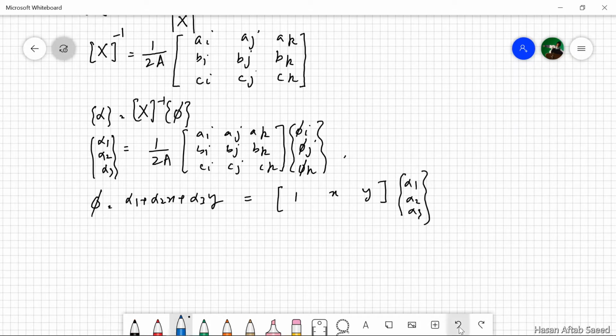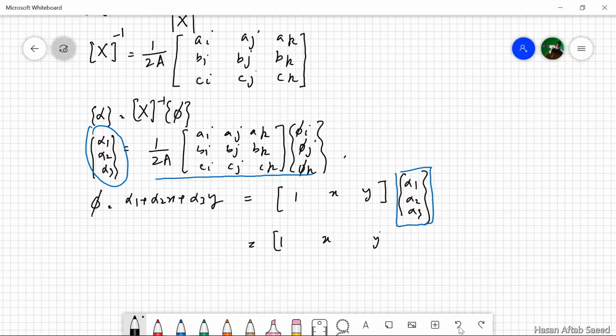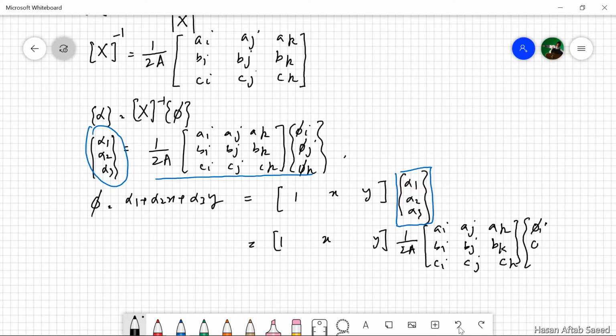Now we have the value of this here, so replace this in this expression. This is 1, this is x, this is y, and then you have 1 over 2a, ai, aj, ak, bi, bj, bk, ci, cj, ck, and then we have phi i, phi j, and phi k.